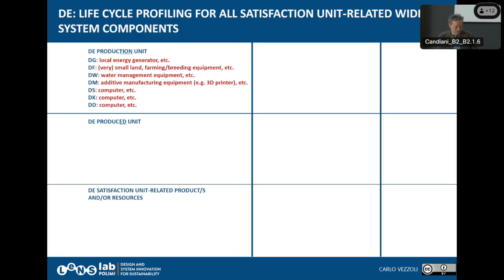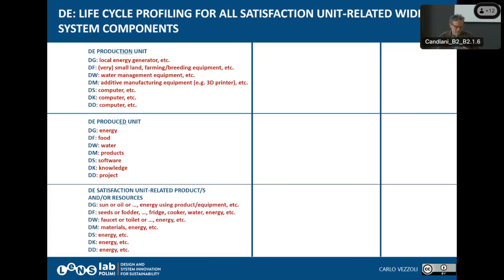So for example, for the distributed production unit, I may have a local energy generator; for food, small land, farming, breeding equipment, etc.; for water, management equipment; for manufacturing, 3D printing, etc. The distributed produced unit is very easy because we produce energy, food, water, product, software, knowledge, and project. So this is easy.